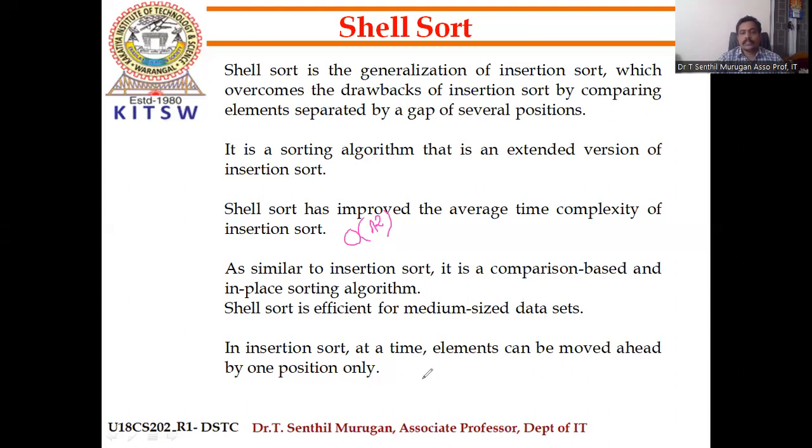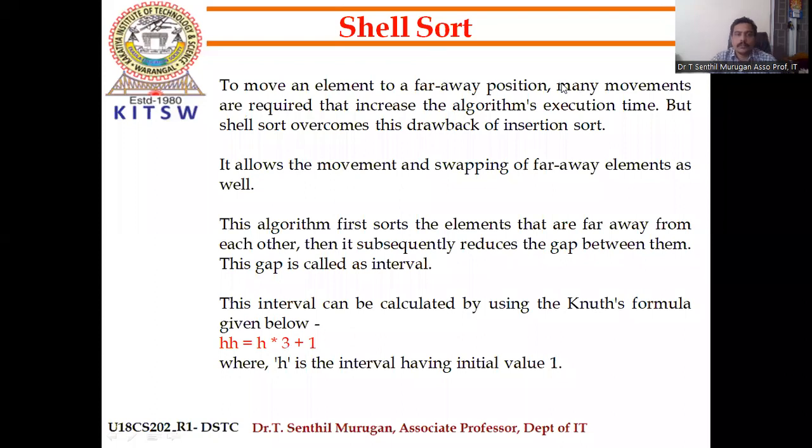So in insertion sort, at a time, elements can be moved ahead by one position only. We take the card and find which position it exactly matches, and we keep it at that position. To move an element to a far away position, many movements are required, which increases the algorithm execution time.